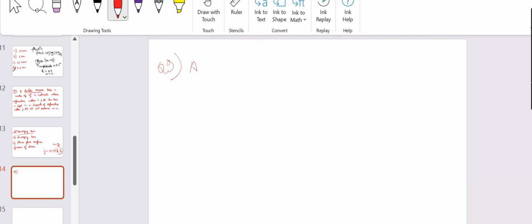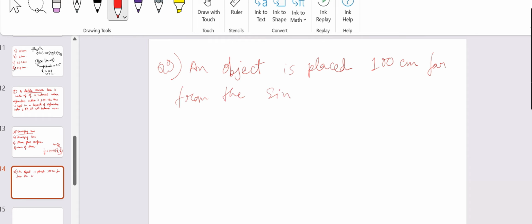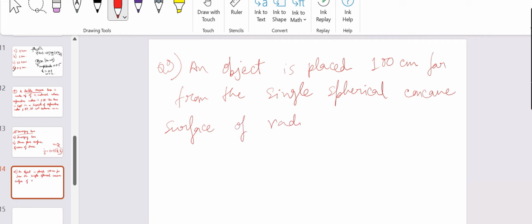Question number 9: an object is placed 100 centimeter far from a single spherical concave surface of radius of curvature 40 centimeter.